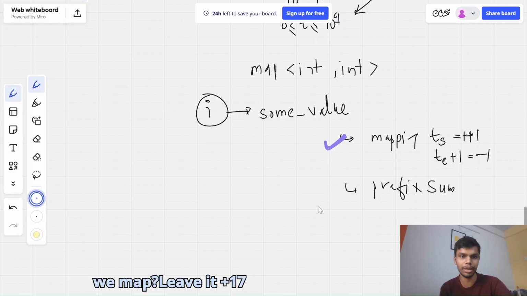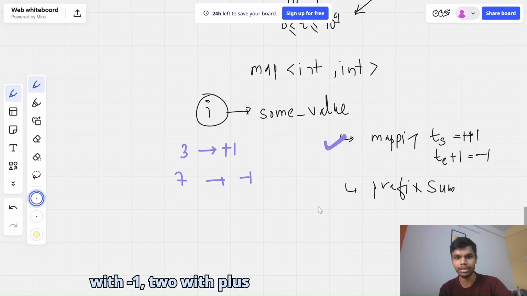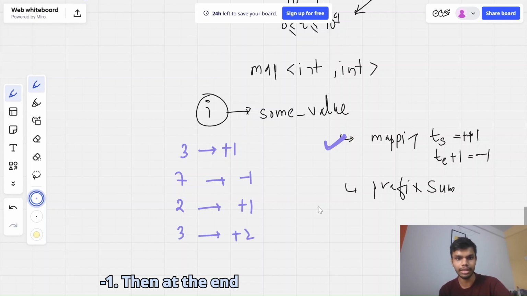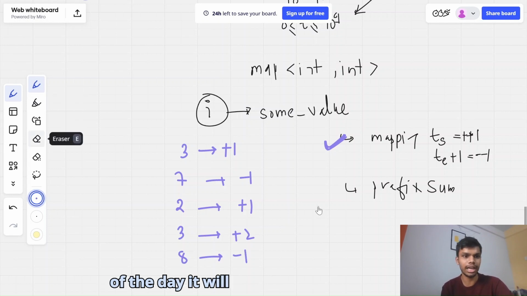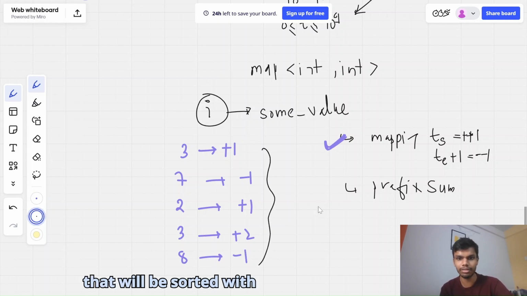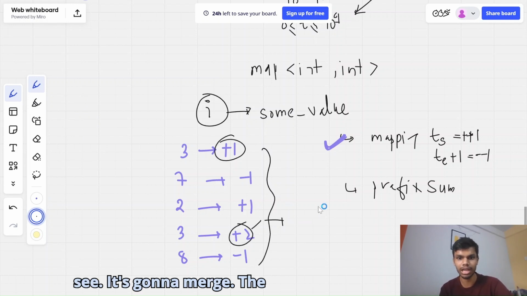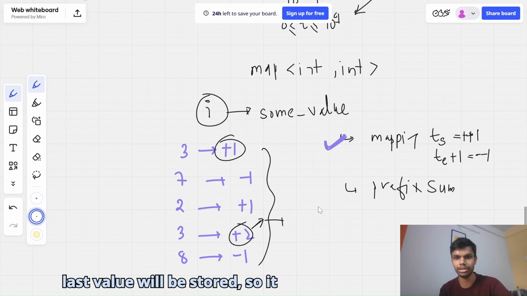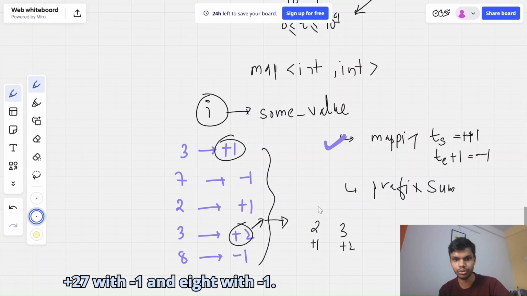If we map 3 with +1, 7 with -1, 2 with +1, and again 3 with +1, and then 8 with -1, then at the end of the day it will be sorted: 2 with plus 1, 3 with plus 2, 7 with minus 1 and 8 with minus 1.